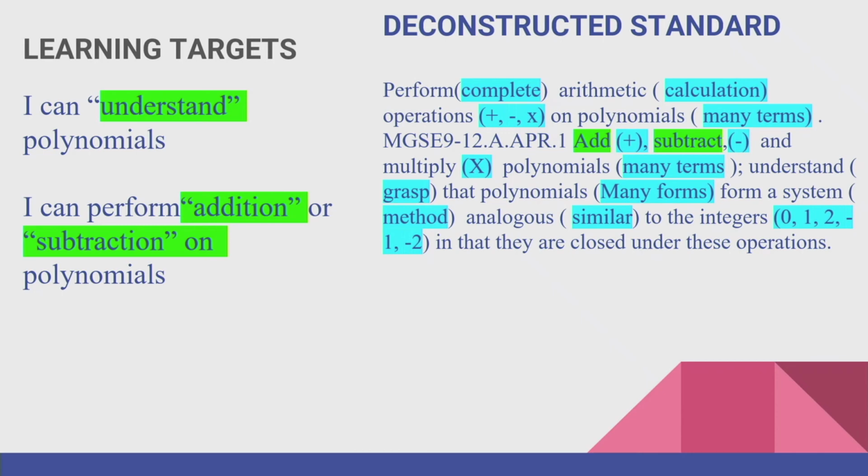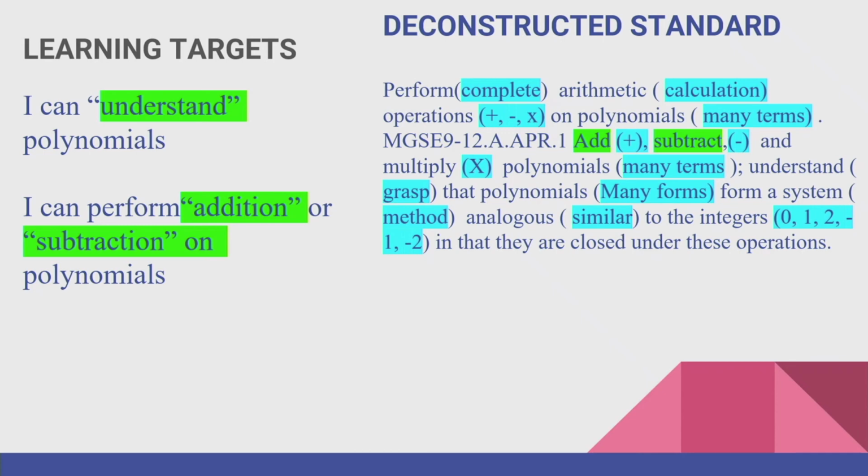So what does my standard mean? Before we go ahead and directly work on our problems, we should understand the academic vocabulary and what the standard is trying to tell us. The word perform means to complete arithmetic operations like plus, minus, multiplication. In this standard, we are covering three things: addition, subtraction, and multiplication.